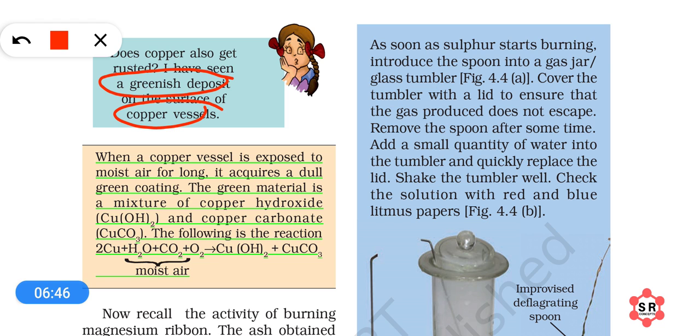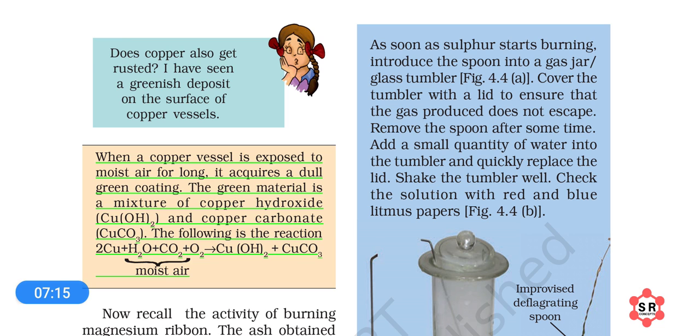What happens, dear students, when a copper vessel is exposed to moist air for a long time? It acquires a dull green coating around it. And what is that dull green coating? That dull green material is a mixture of copper hydroxide and copper carbonate. And what is the reaction?